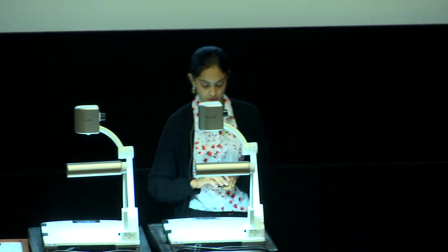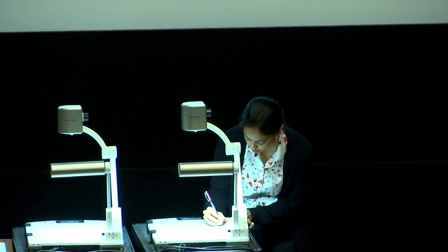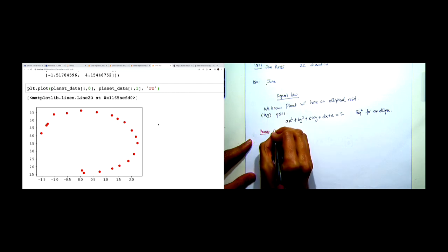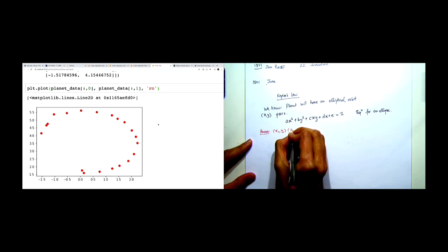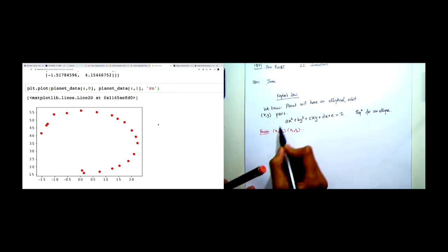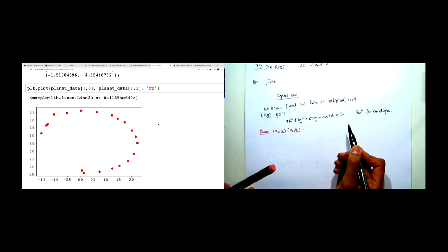So let's look at this equation, right? What do we know? What do we have given to us? We have, let's say, these pairs of points, x1, y1, x2, y2, and so on and so forth, right? Do we know exactly what the equation of this ellipse is?